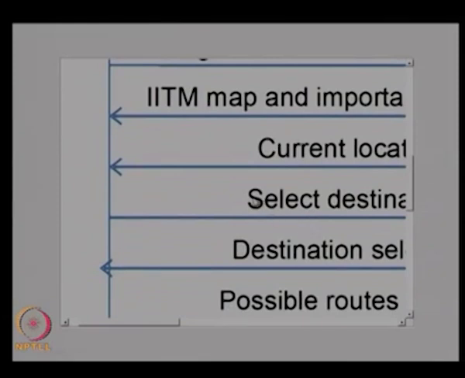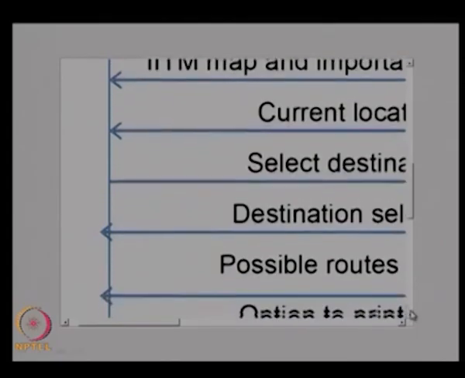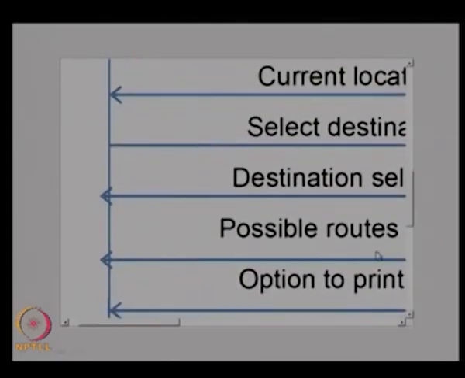The system will ask the user to select the destination, then the selected destination information will be provided, and all the possible routes will be displayed by the system. So that is the output coming from the system to the user. The arrows represent the data flow from the insect to the user.